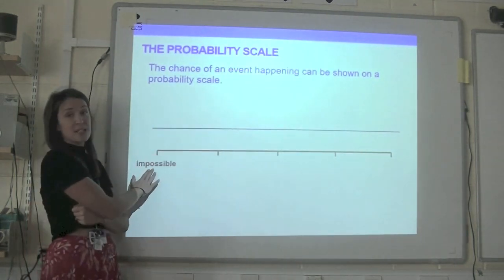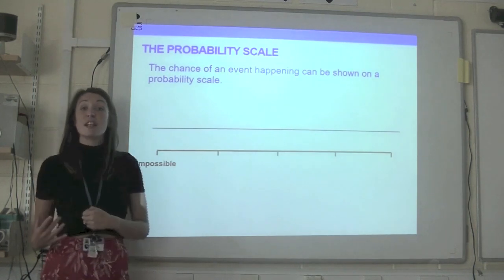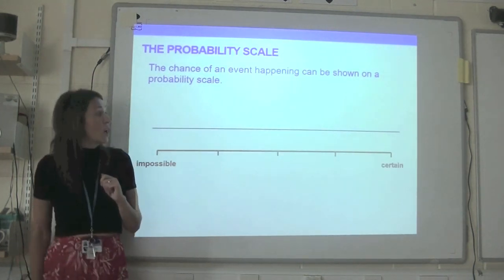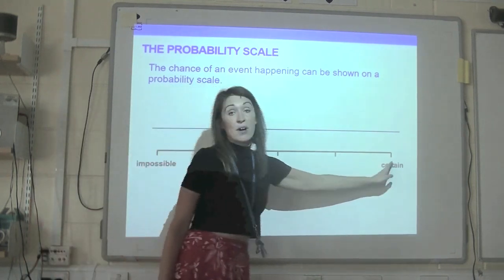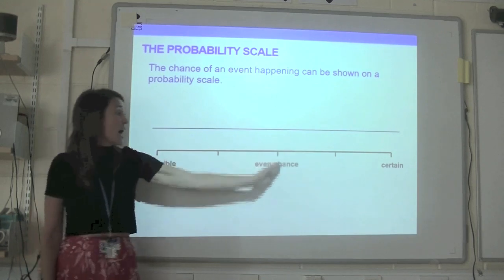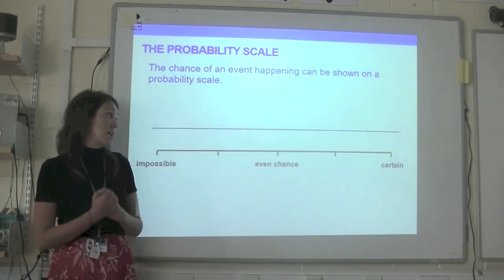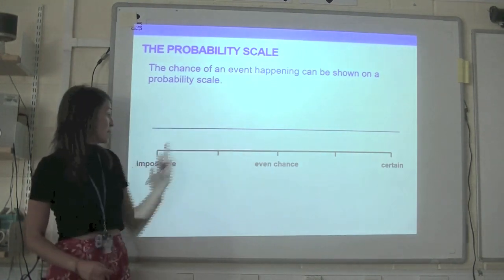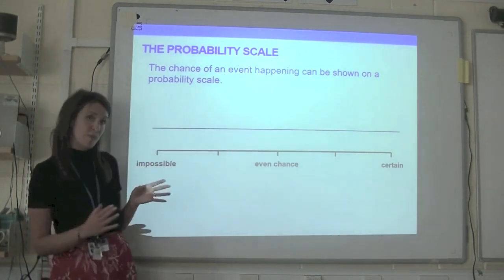And on the left-hand side, we put events that are impossible, that are never going to happen. On the right-hand side, we put events that are certain, that are absolutely definitely going to happen, and events in the middle are even.